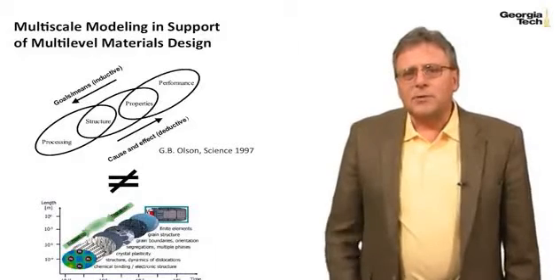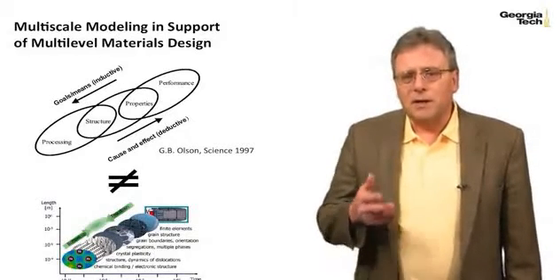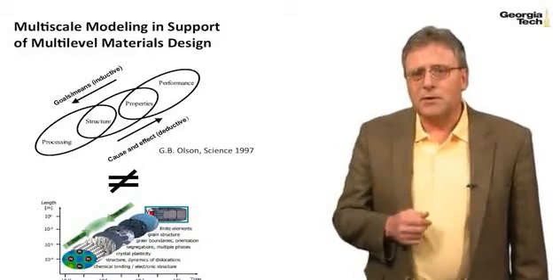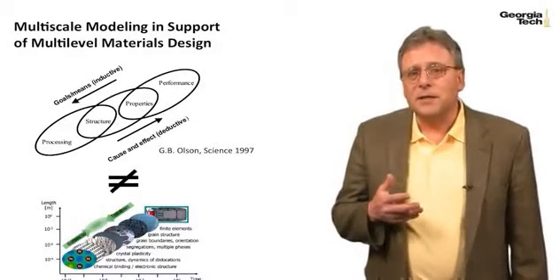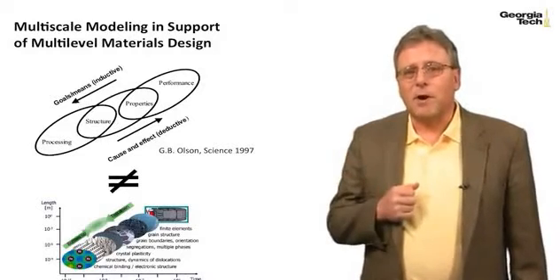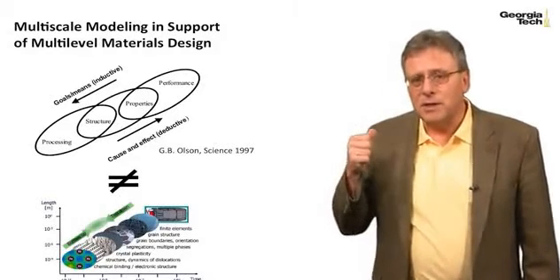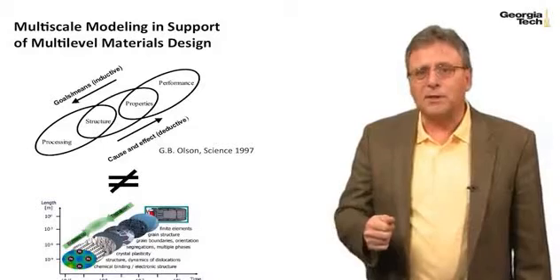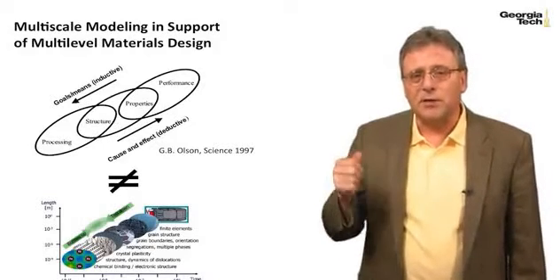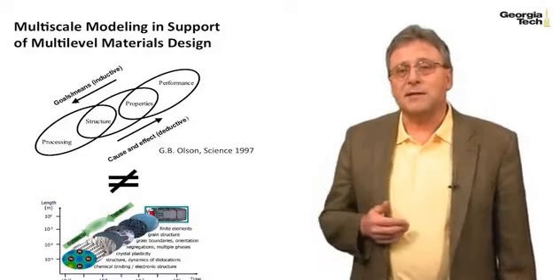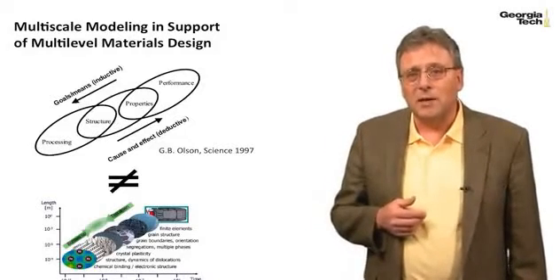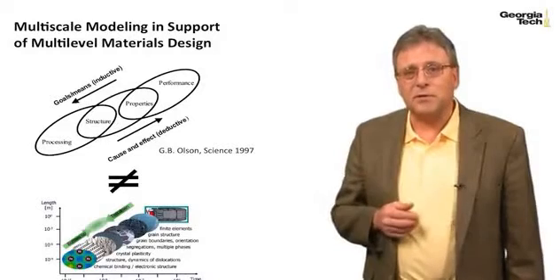It's important to distinguish multi-scale modeling, shown at the bottom here, from multi-level materials design. That is, knowing the performance requirements, can we determine what the appropriate material properties are, and from those properties can we determine the structure, and then can we estimate what process path histories or synthesis routes are necessary to achieve those structures.